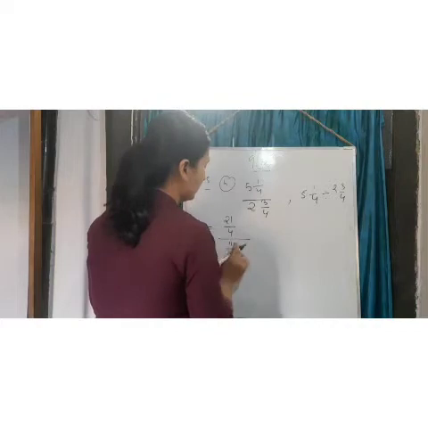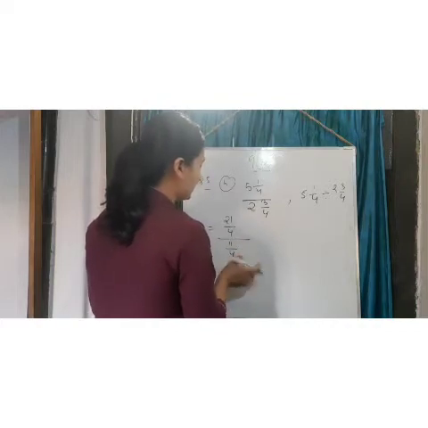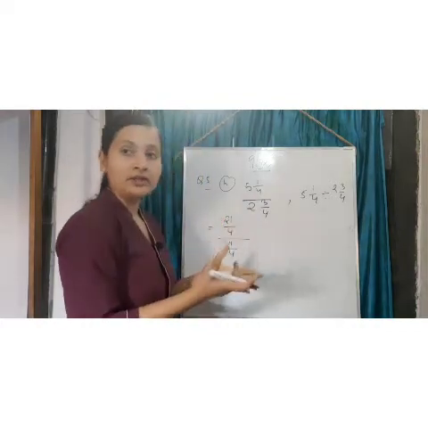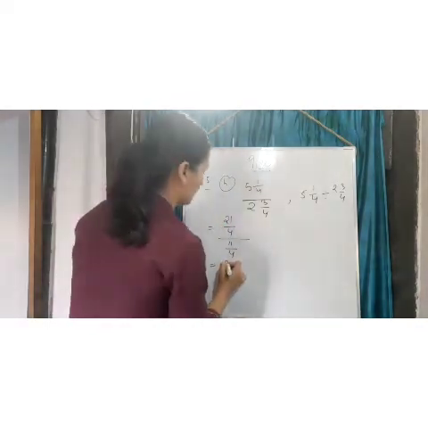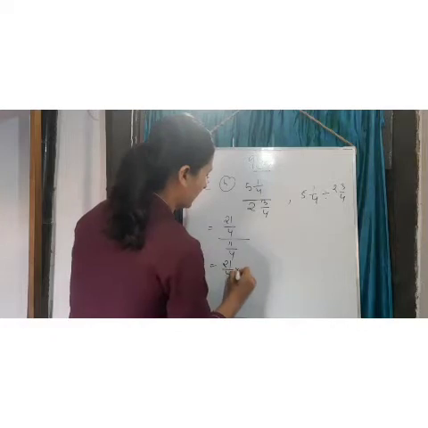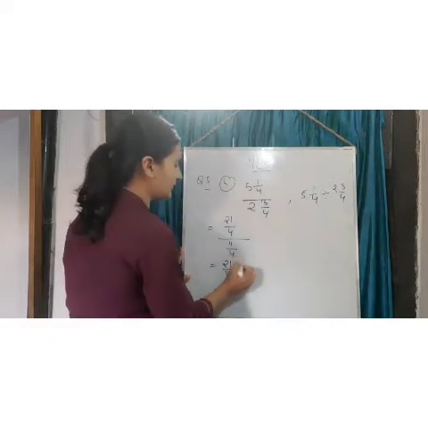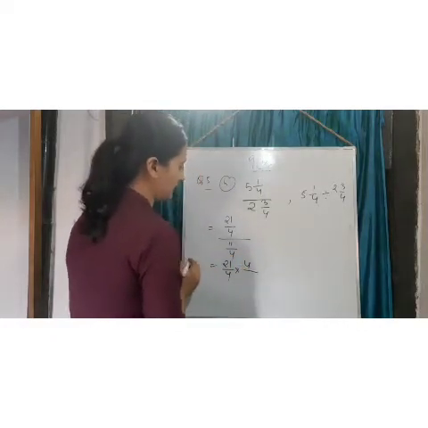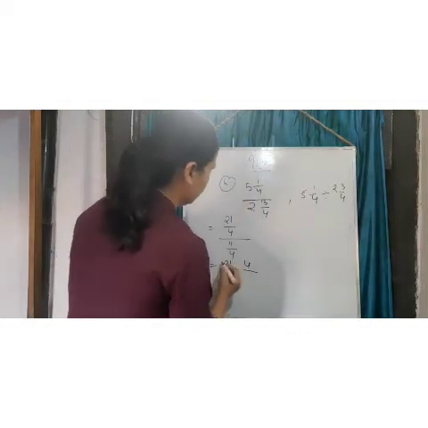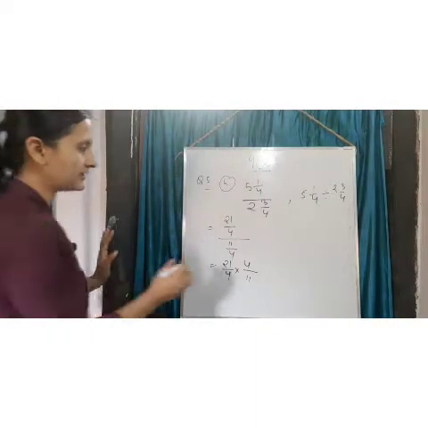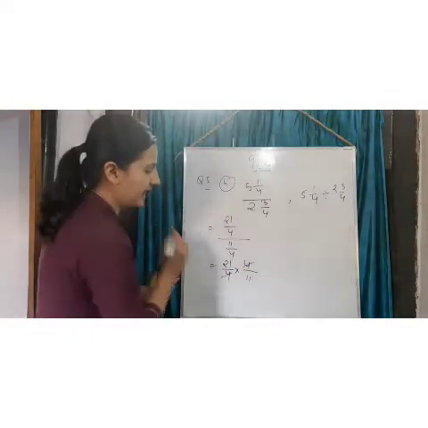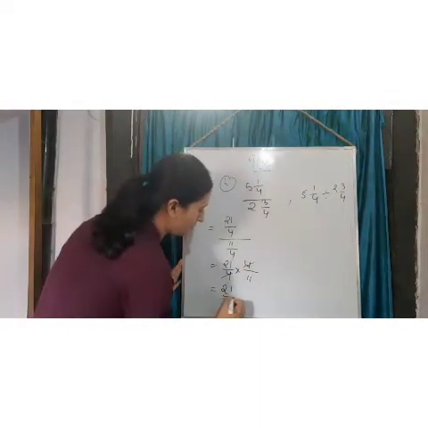So when we change its sign to into, the fraction will get reversed. So 21 by 4 into, 4 is the denominator here, so it will go up and become the numerator, and the numerator will become the denominator. Could you follow this? So 4 is cancelled, and your answer is 21 by 11.